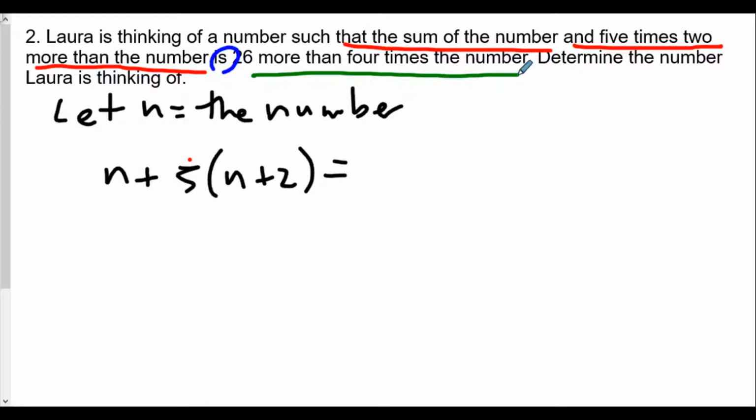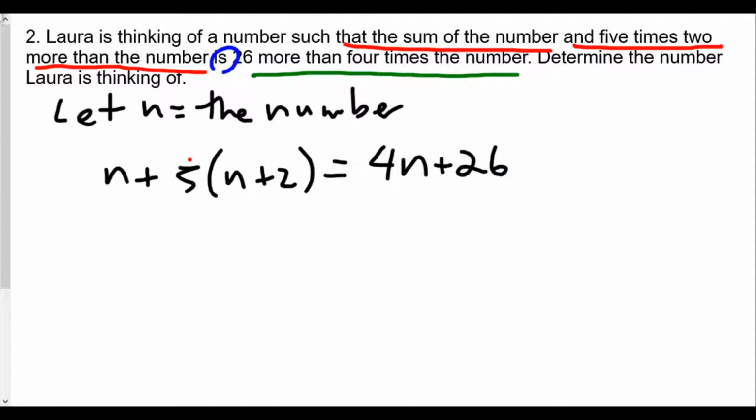So here, when it says 26 more than 4 times the number, we're going to take 4 times the number first, then add 26. So now it's like, wait, how come for the first part it was 5 parentheses n plus 2? Well, it talks about 5 times something. What something is that?